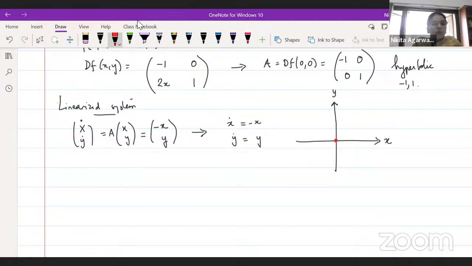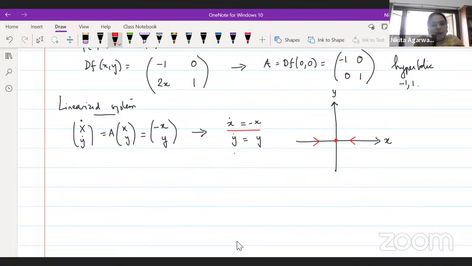If you start at this point, you stay there. It's an equilibrium. If you start with any point on the x-axis, you look at the sign of the derivative of x. If x is positive, then x dot is negative. That means the solution is decreasing with time t, right? Similarly, if x is negative, x dot is positive, and xt increases with t, right?